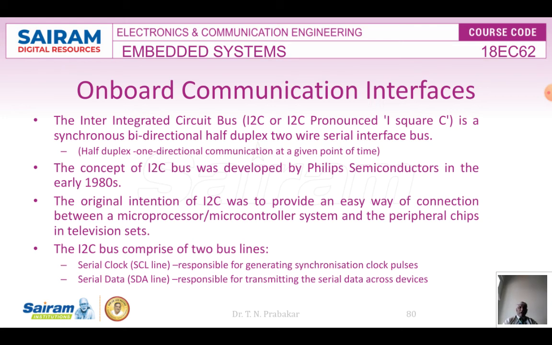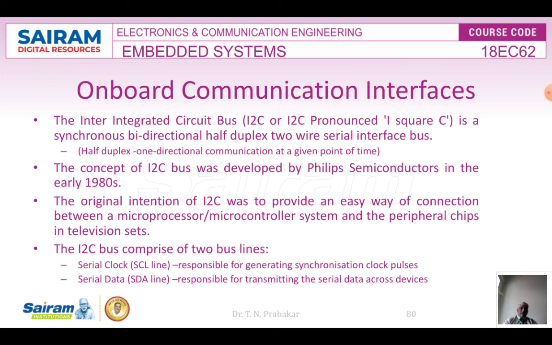Simplex means only a one-way transaction, the other way is not at all possible. In the case of half duplex, the two-way transaction is possible, but not simultaneously. Suppose one is acting as the transmitter and the other one is the receiver. The transmitter will transmit, the receiver will receive.